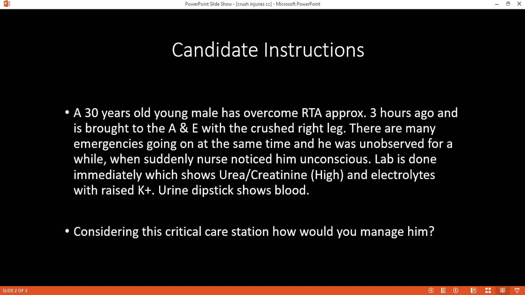If there is airway edema or fracture of the larynx, I will go for a surgical airway in the form of cricothyroidotomy or tracheostomy. This is as regards the airway.